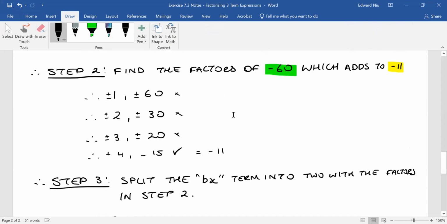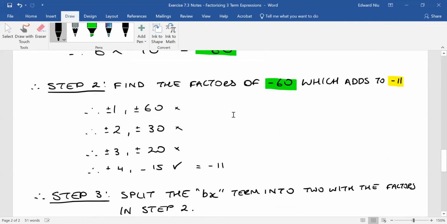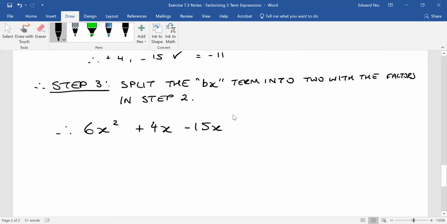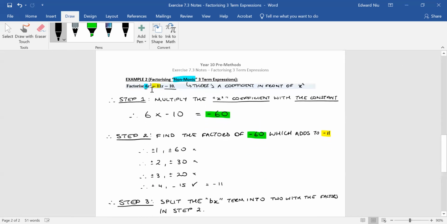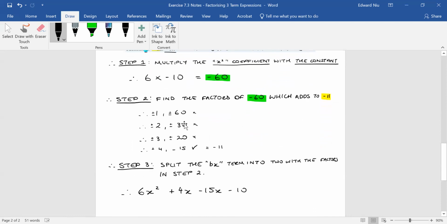What was the last term again? Let's take a look. Negative 10. So notice how the negative 11x has now been split into positive 4x, take 15x. Let's just keep this color code and keep going.